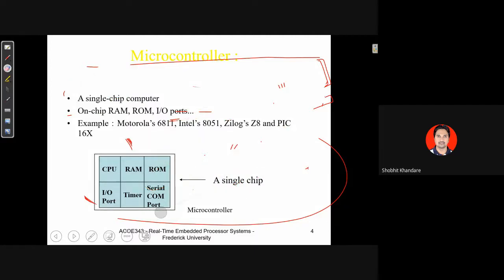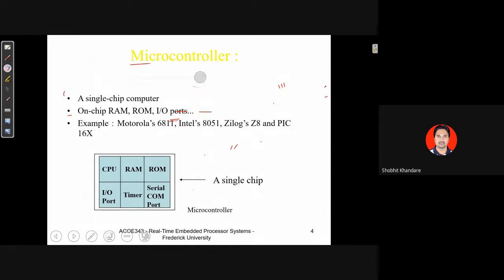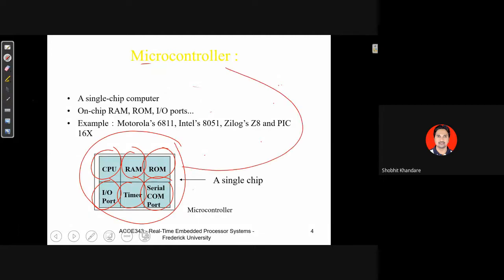If a single IC or a single chip contains CPU, if it contains RAM, if it contains ROM, if it contains IO port, if it contains timer, if it contains serial communication port, this everything on a single chip, then it is called as a microcontroller.